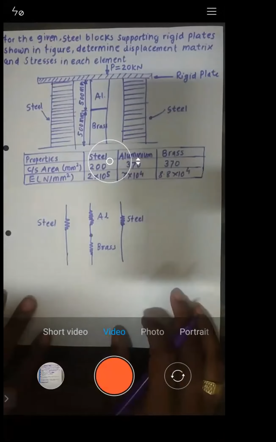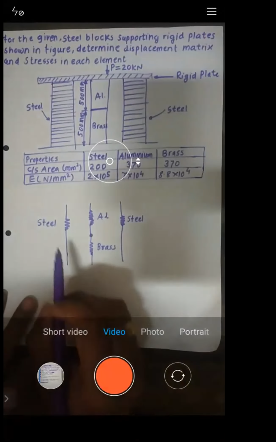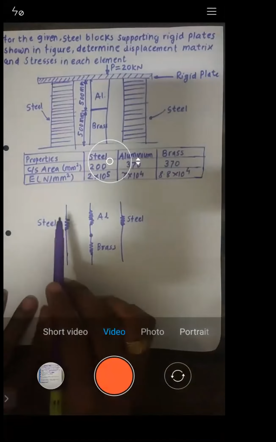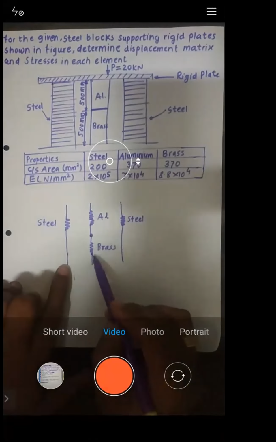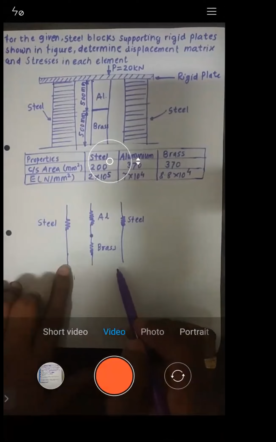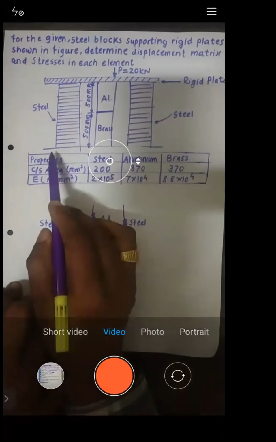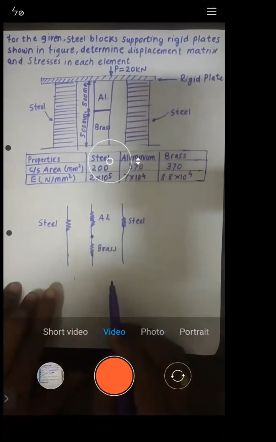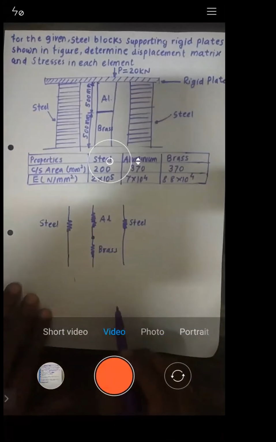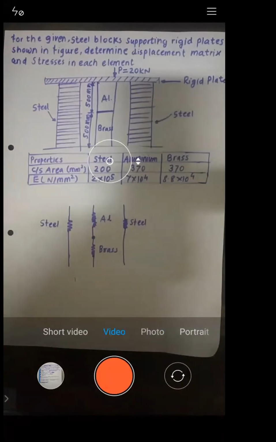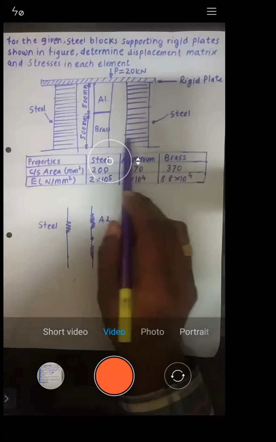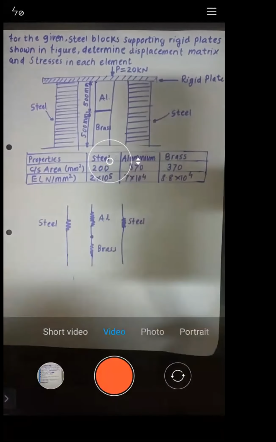Now, if you see this steel element, this steel element, and this brass element, they are connected to the same line. What do you mean by line? They are connected to a single point, right? If you see all these three elements, they are connected to the same line.